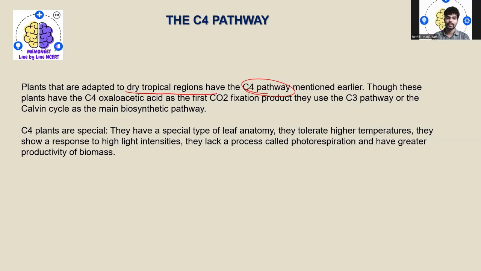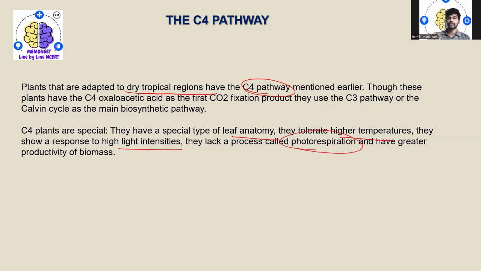What actually happens in C4 plants? They are a very special kind of plants. They have a special type of leaf anatomy, that is, they are able to tolerate high temperature. They show a response to high light intensity like sunlight, okay? And they lack a process called photorespiration.